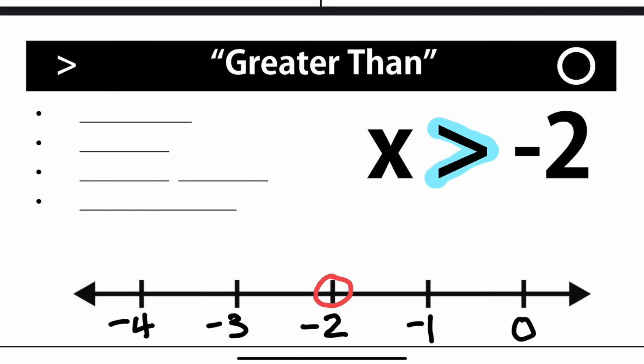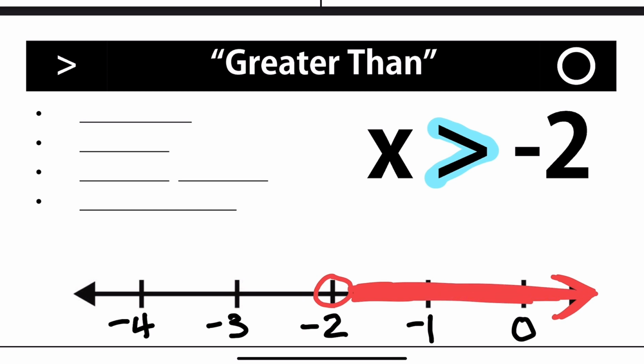Okay, moving on. So we have x is greater than -2. I need my arrow to go in the same direction as our inequality sign. That means we are going in this direction, showing that we're going to the greater side. This is the side where the numbers get bigger.